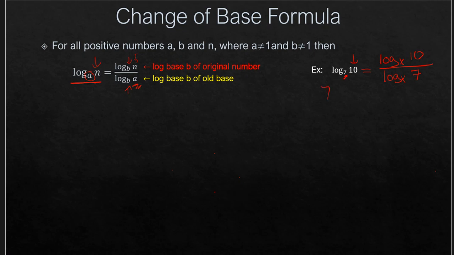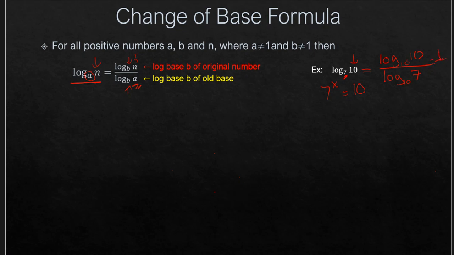So you would know that 7 to the blah power is equal to 10. Now, obviously, if I use x here, I don't know what number to the power it is. But let's say I use base 10, which we know we can do in our calculators. That's what will help us out, something that we can put in our calculator. So we would know the log in base 10 of 10 is 1 already.